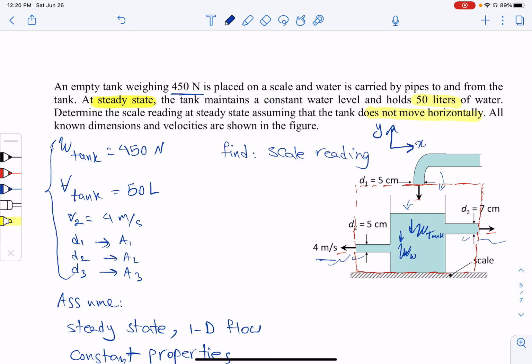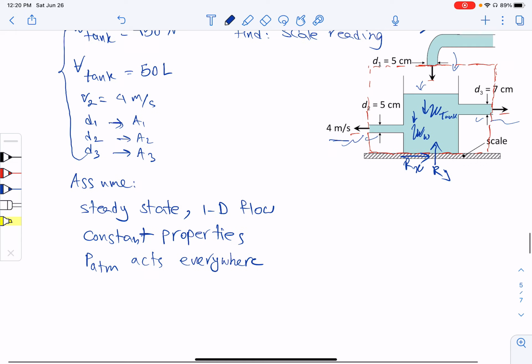We also have the reaction force. If I say that this is Ry, this one is going to be Rx. I'm not going to show the P atmosphere because it's going to be cancelled in all of the directions, so we don't need to show that one.